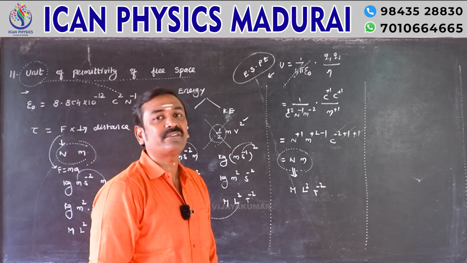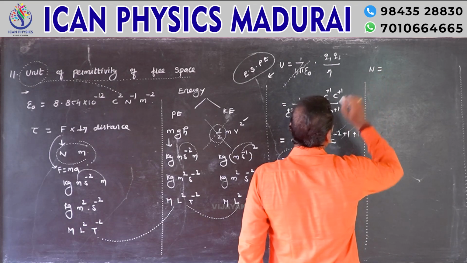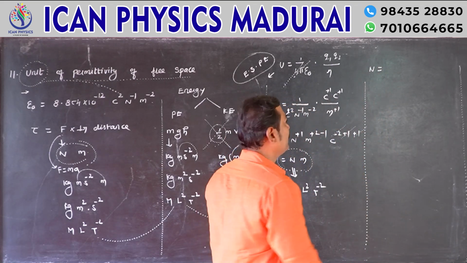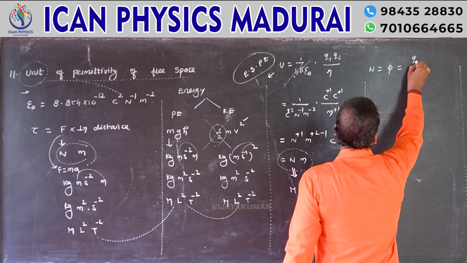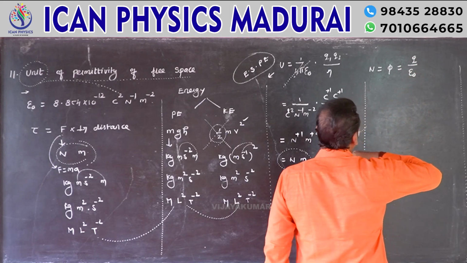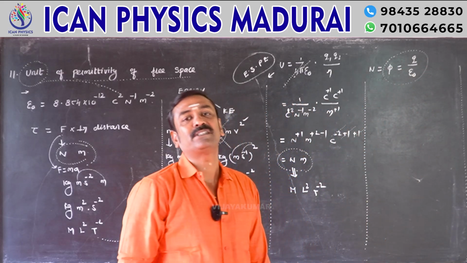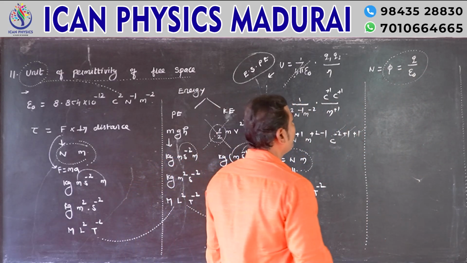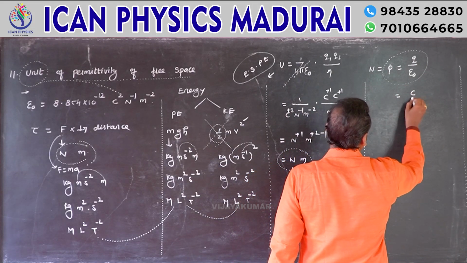Number of electric field lines. Number of electric field lines, phi, equals Q by epsilon 0. Otherwise, when we take these two together, it is said to be Gauss law. The unit of charge is Coulomb.